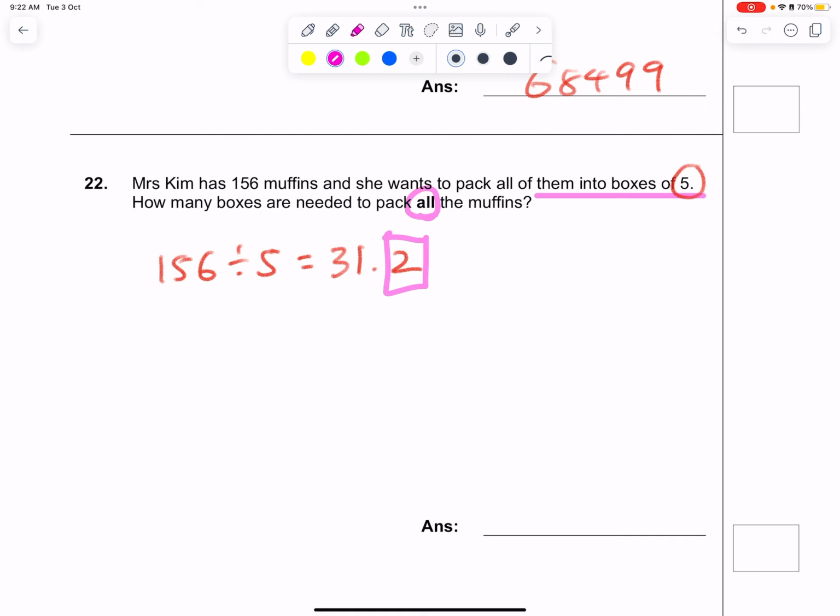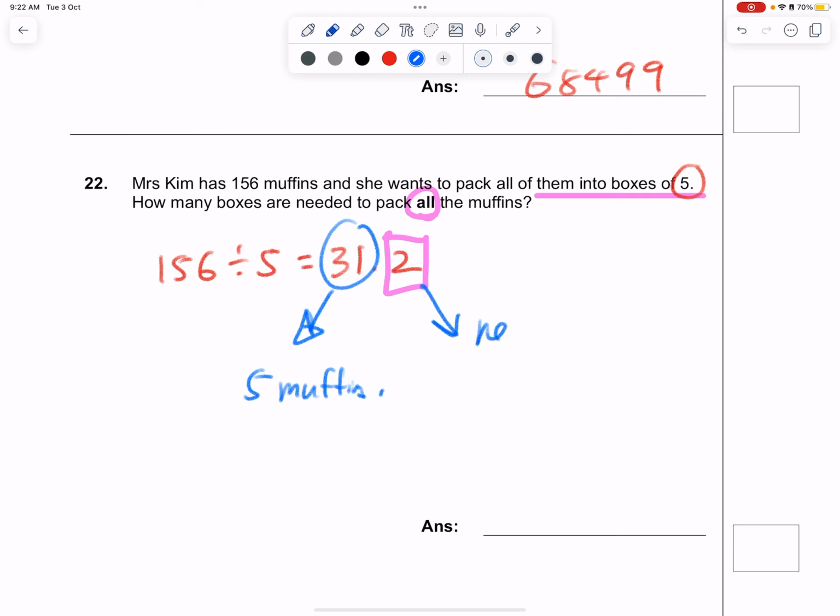In these boxes, each box has 5 muffins. But wait, you still have some remainder here. You cannot just say, I don't really care.